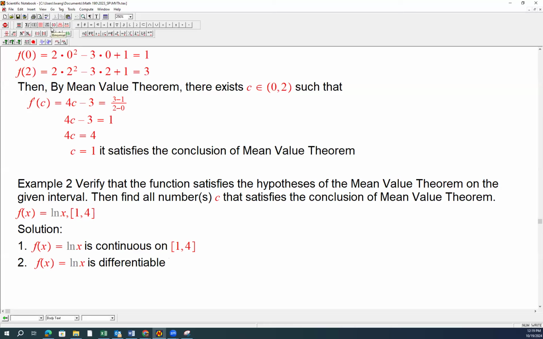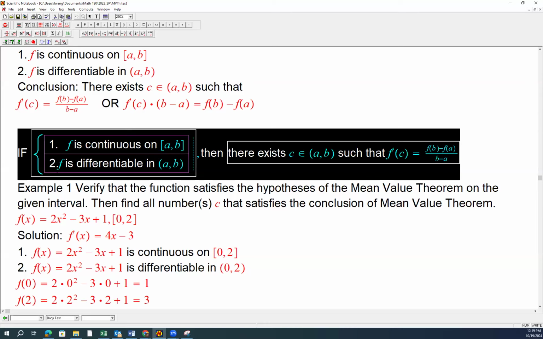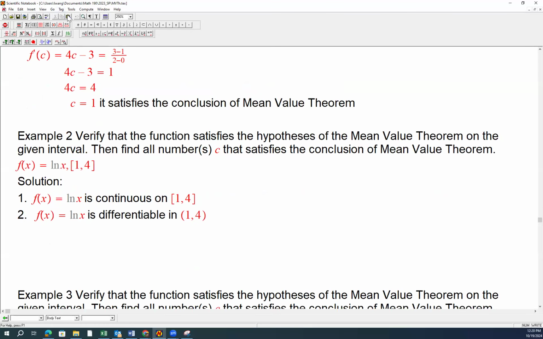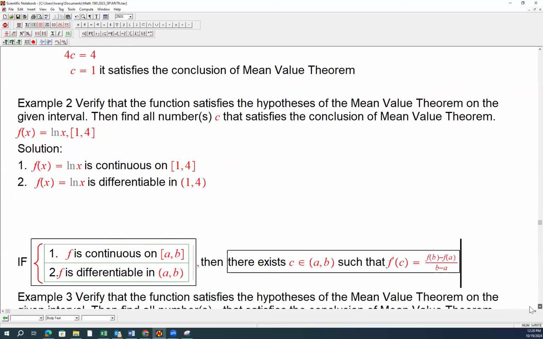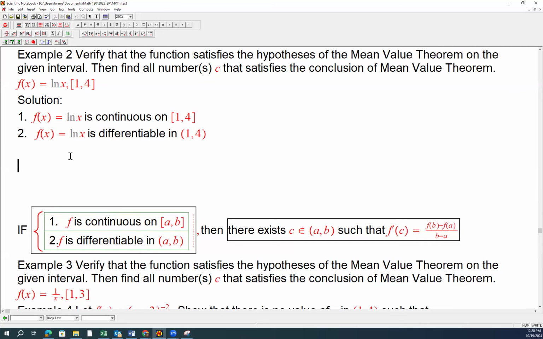This is also guaranteed in our previous lessons. So the two conditions are satisfied. Let me bring the mean value theorem right next to us for easy reference.